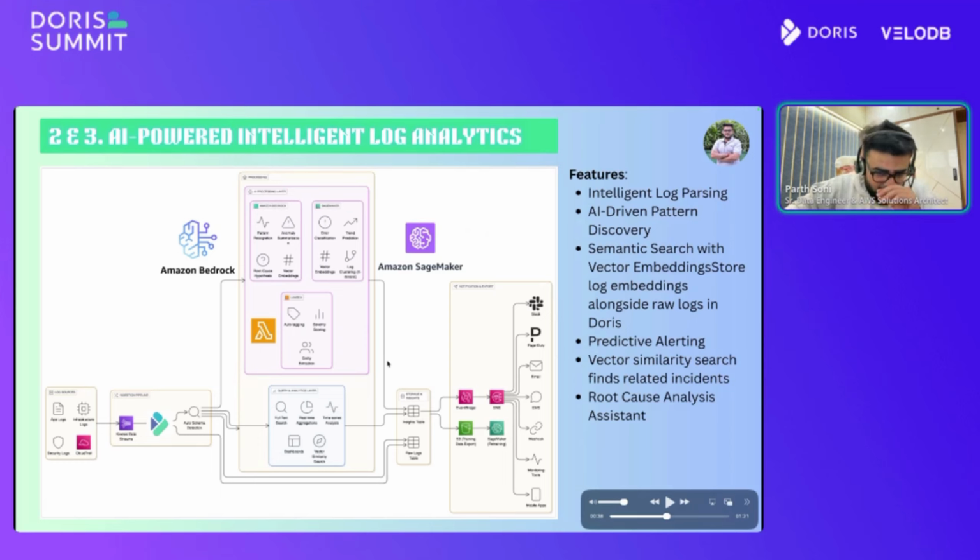Now, the second feature this delivers is automatic pattern discovery. This is where machine learning really shines. The system uses clustering algorithms to identify similar log patterns automatically, then Bedrock generates human-readable descriptions.